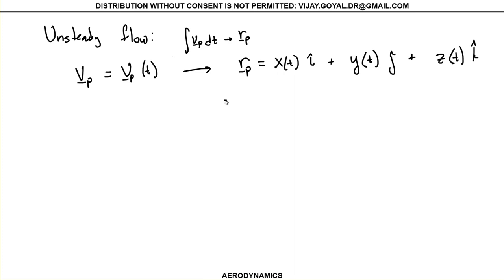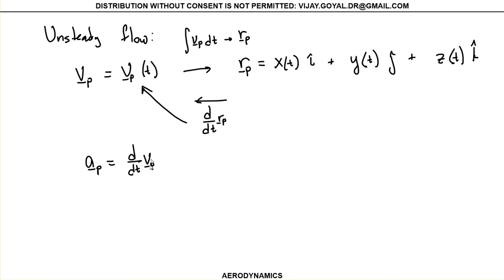If I did the opposite, going from a position vector, I can take the time derivative of r_p, and that would give me my velocity field vector. I can also find my acceleration. The acceleration at p would be nothing else than the time derivative of v_p.